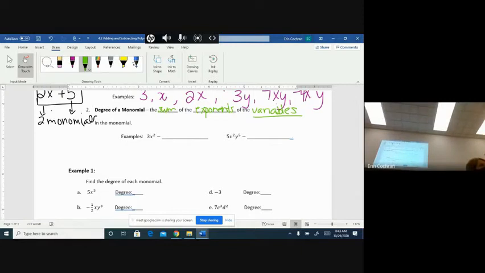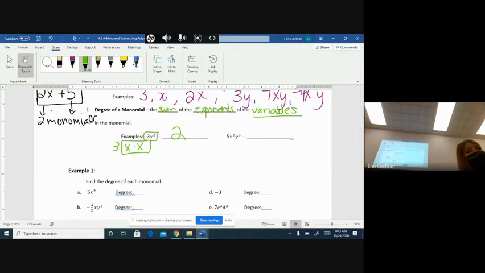So, how do I find the degree of a monomial? You ask yourself, how many variables are there in total? Okay, so if I look at 3x squared, if I put that in expanded form, that means what? 3 times x times x. So how many variables do we have? 2. So the degree is 2.